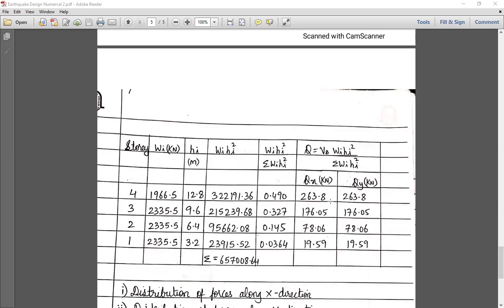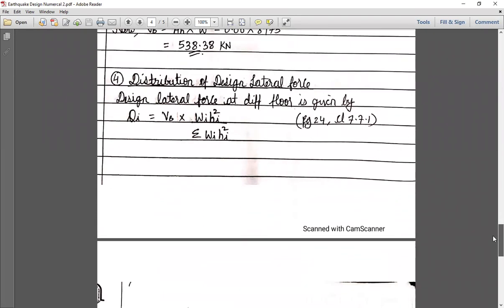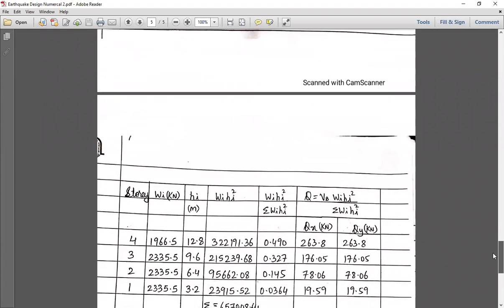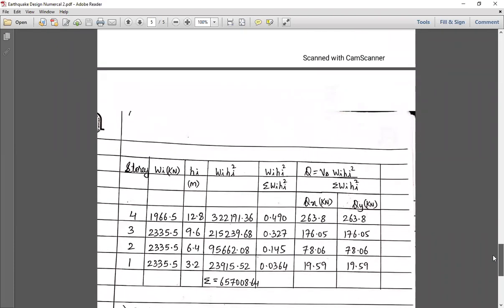This Q value is also coming out to be the same. Yes, VB कितना है? 538.38. ठीक है. VB is 538.38. I hope this Q value is also correct.